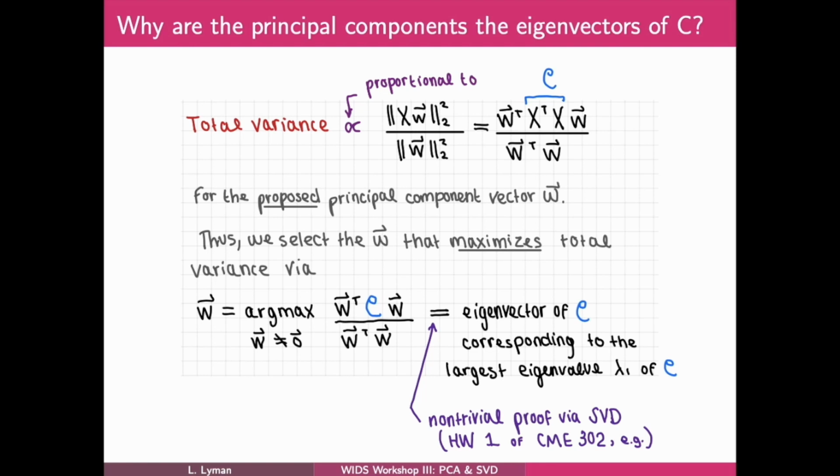This entire expression is maximized at the eigenvector of our covariance matrix C corresponding to C's largest eigenvalue. To summarize, by requiring the principal component w to maximize variation explained in the dataset, we were forced to select the principal component to be an eigenvector of C.